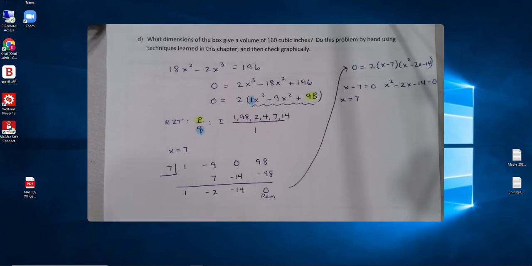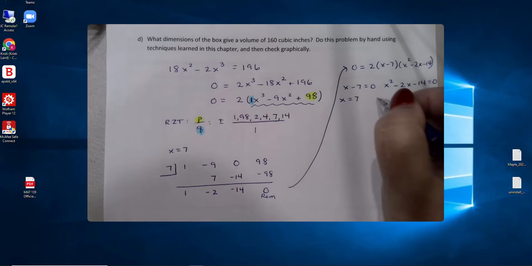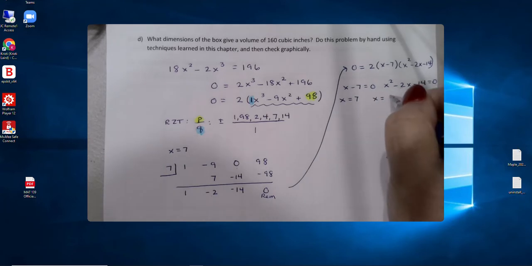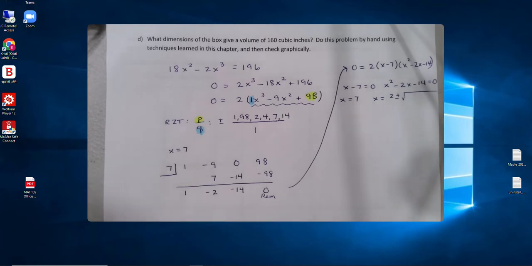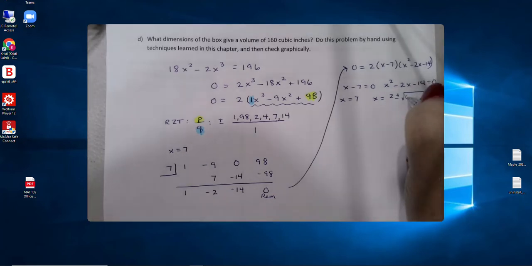Now, I don't believe that's factorable, so I'm going to go ahead with the quadratic formula. That would be 2 plus or minus the square root of negative 2 squared minus 4 times 1, sorry, I'm running out of space here, times negative 14, over 2.